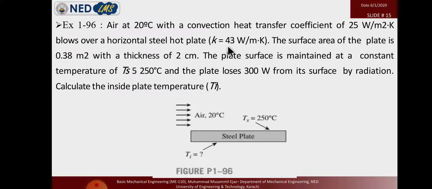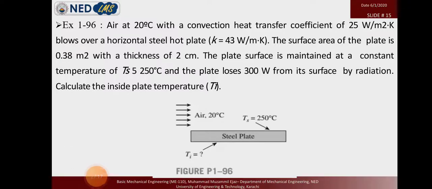The thermal conductivity K value is 43 watt per meter Kelvin. The surface area of the plate is 0.38 meter square, and the thickness is 2 centimeter. The plate surface is maintained at a constant temperature Ts equal to 250 degrees centigrade, and the plate loses 300 watt from the surface by radiation. Calculate the inside plate temperature.